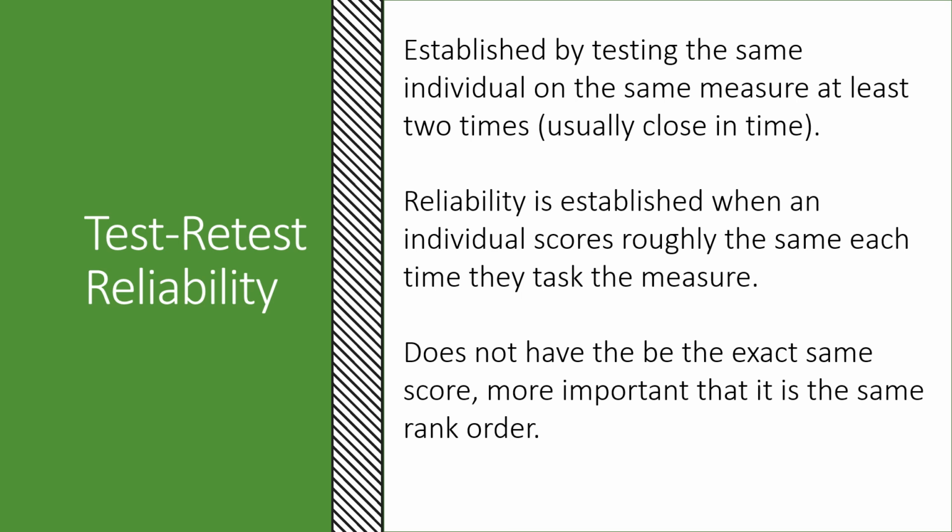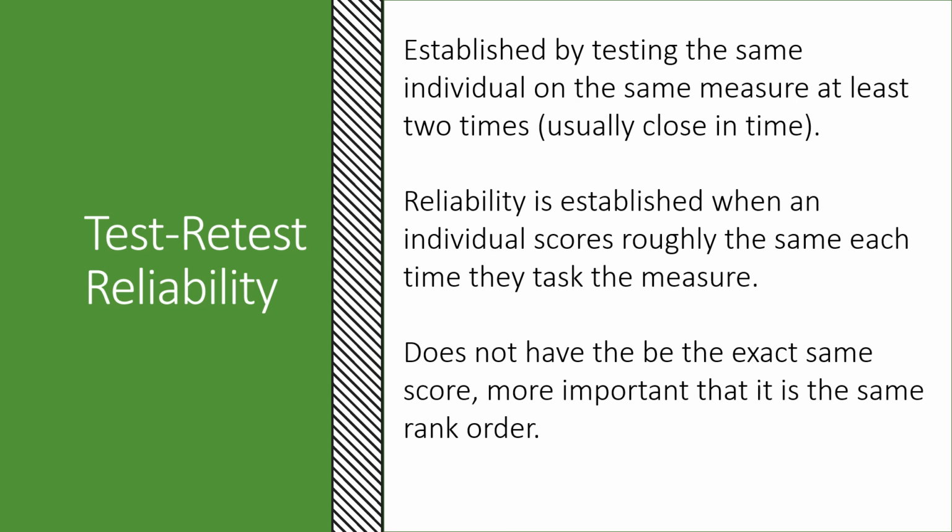For instance, if I take the SAT and I get a 1300, and I take the same test again the next day, I might get a 1360. That still might show test-retest reliability. The more important thing we want to look at is rank order. If I'm at the 30th percentile with my score of 1300, when everyone takes the same test again, I still want to be at the 30th percentile.